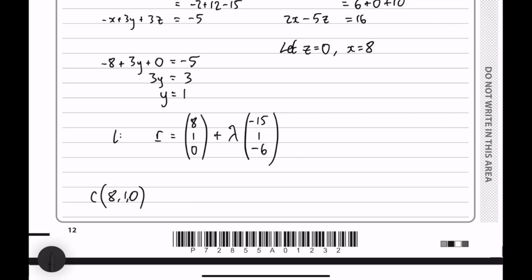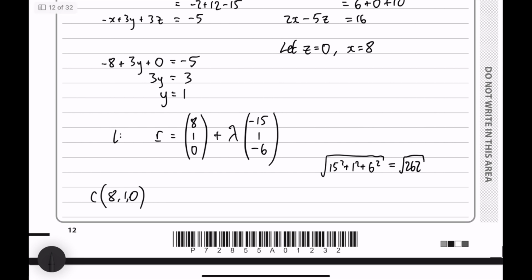We're going to have to normalize this direction vector, so we've got 15 squared plus 1 squared plus 6 squared. Hopefully that's a nice square number. It is not. That is 262. Okay, hopefully I have not made a mistake anywhere.